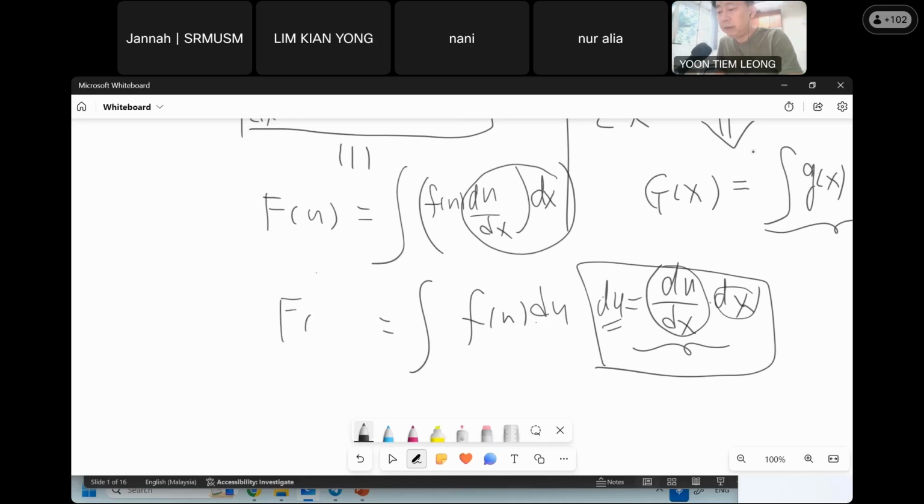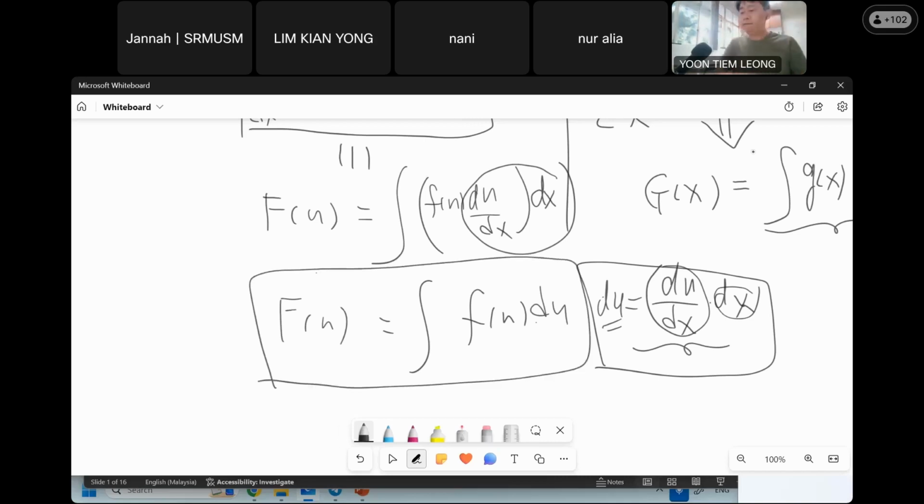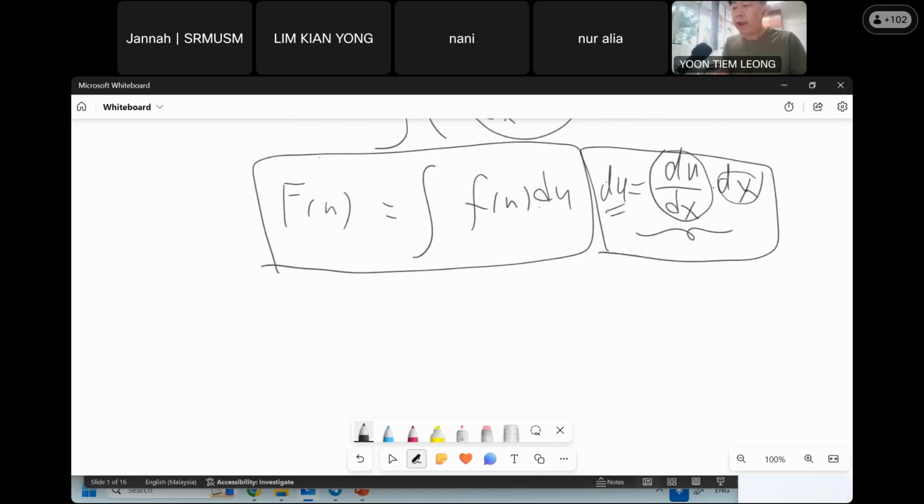So what I have done is that I have successfully written this F of u as the integral of f of u du, where it is understood that capital function F is the antiderivative of the small function f of u.